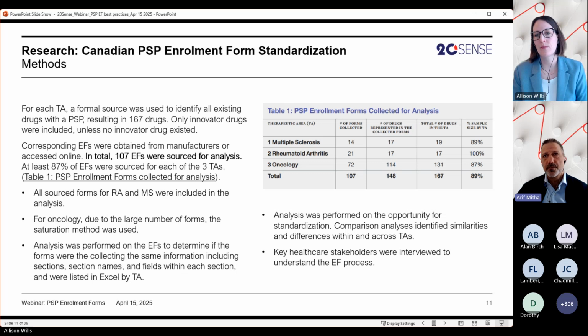So students used comparison analysis, identifying similarities and differences within and across therapeutic areas. Also, we interviewed key stakeholders, so healthcare people. We interviewed drug access navigators at one of the MS clinics, as well as 2 patient support program vendors, just to understand the enrollment form process.